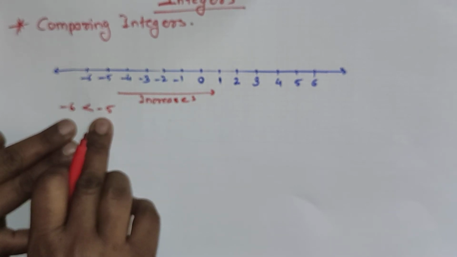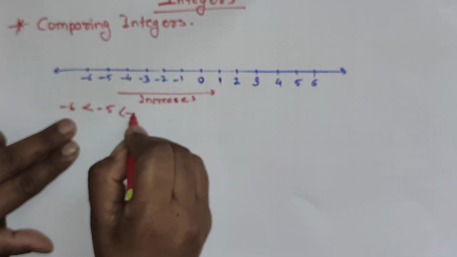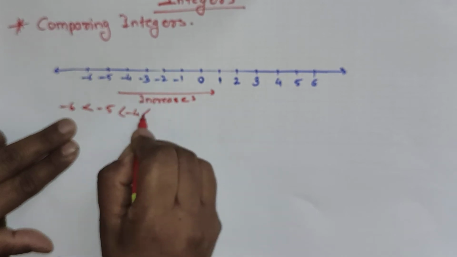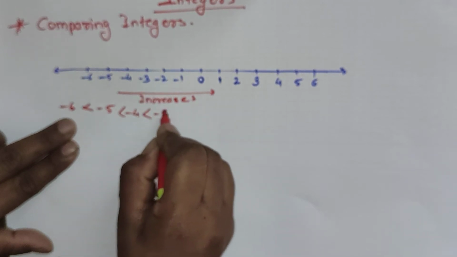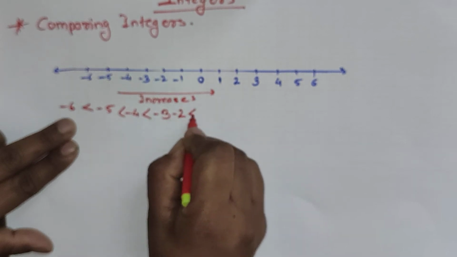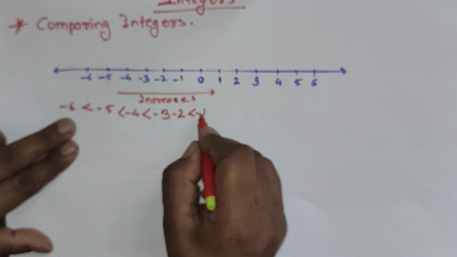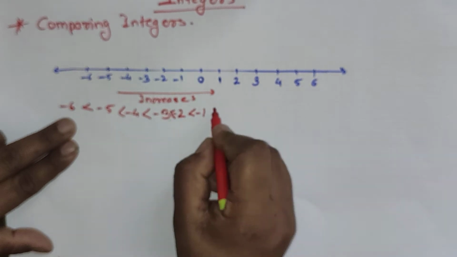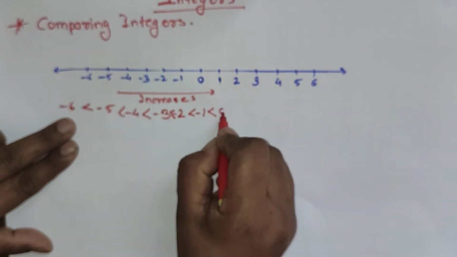Then -5 is smaller than -4, then it is smaller than -3, then smaller than -2, again smaller than -1. -1 is smaller than 0.